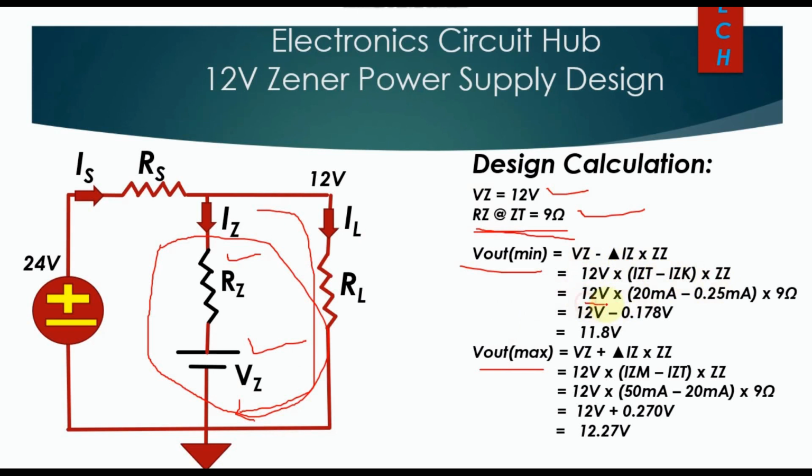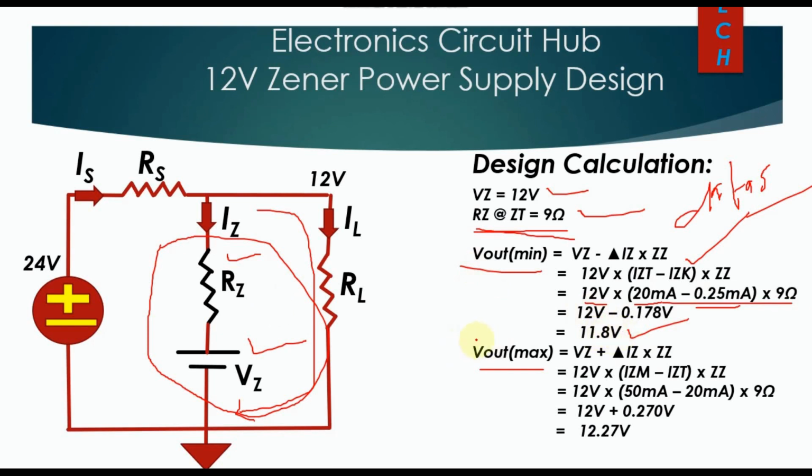So 12 volt minus Izt, the test current, is 20 milliampere. Izk is the knee current, which is specified in the data sheet, so you can look at the data sheet for the knee current of your Zener diode. Into 9 ohm. So 12 volt minus 0.178 volt, if you solve this, you will get 11.8 volt. Because of this Zener impedance, your minimum output voltage would be 11.8 volt.